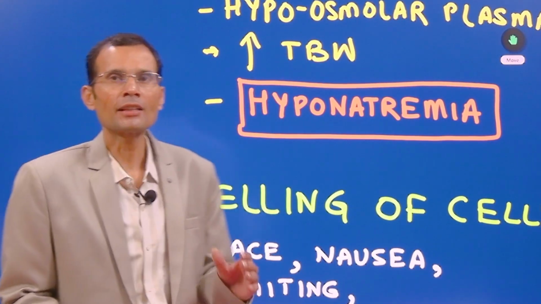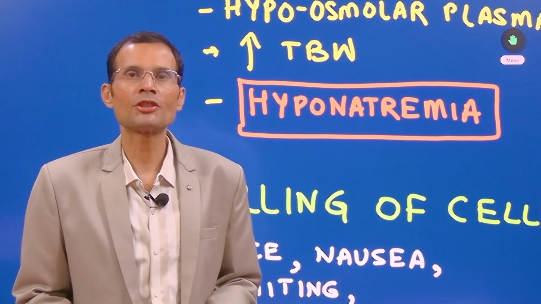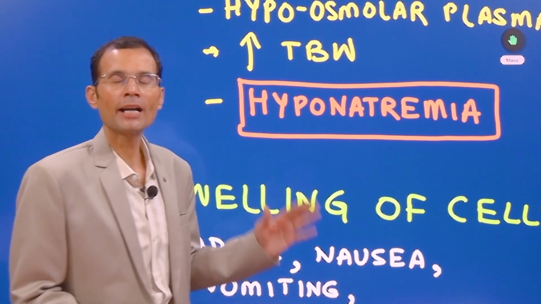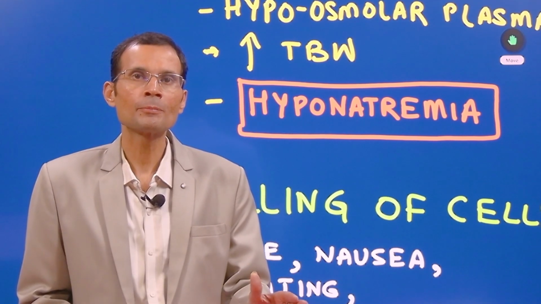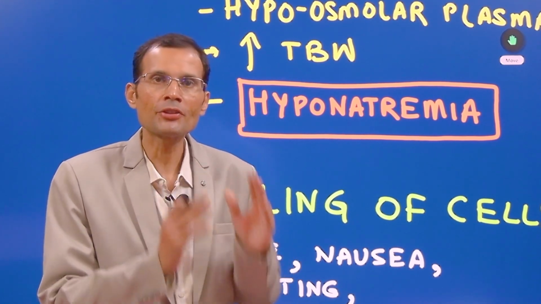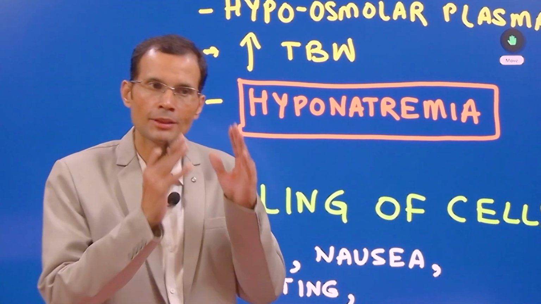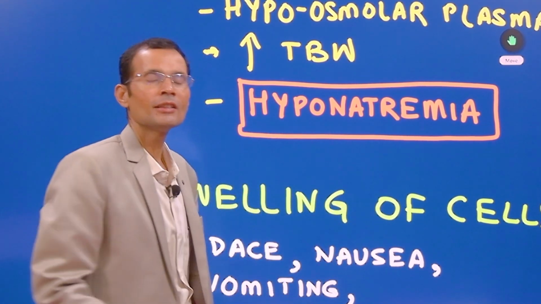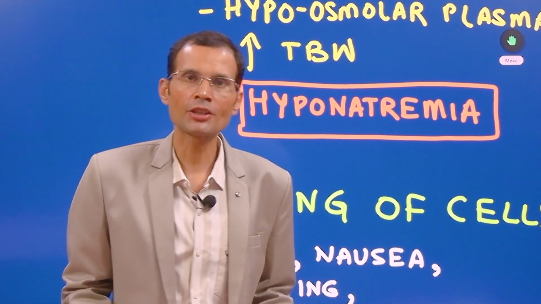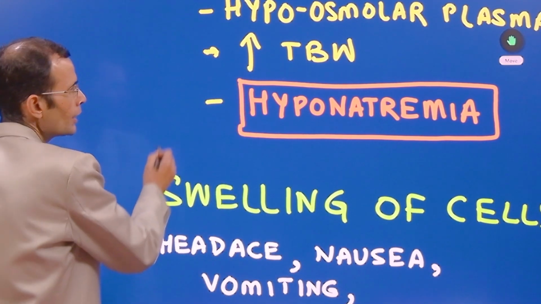Another thing that is a hallmark of this condition is hyponatremia. You should not miss this while writing your answer. Hyponatremia is the hallmark of this condition: reduced sodium concentration in the plasma.